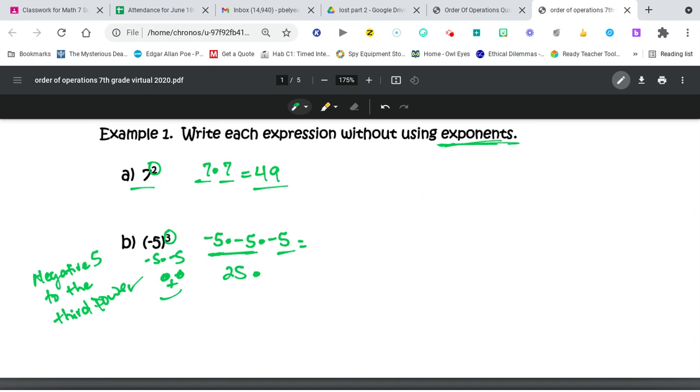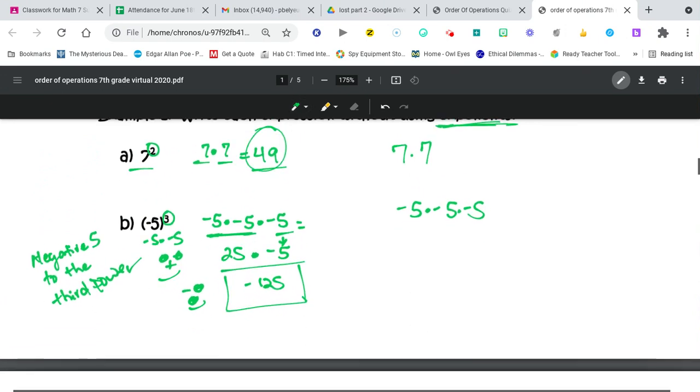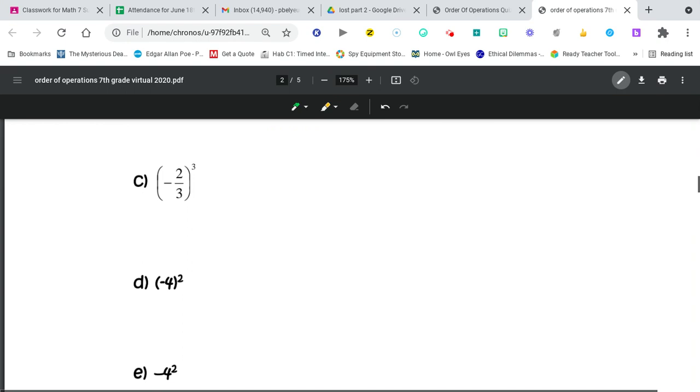And positive 25 times this -5, well, these two have different signs. So a positive 25 times a -5 ends up being -125. So if I wanted an answer for it, it's just -125. But without exponents, 7 to the second power is 7 times 7, and -5 to the third power is -5 times -5 times -5. But this is the answer to those. That's what they are after you multiply them.